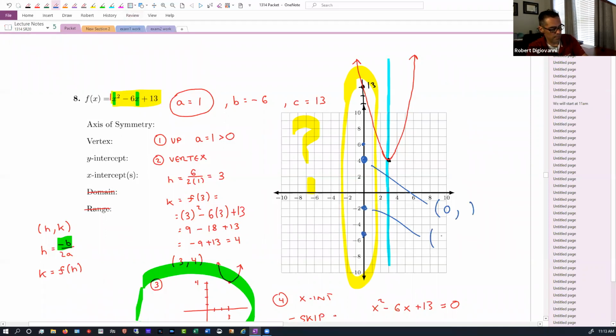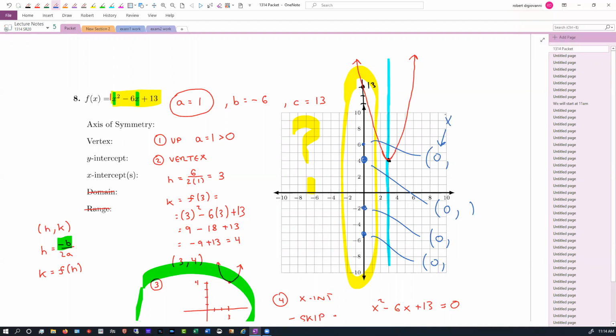And so that's why to find the y-intercept, you're always going to replace x with 0. So it's more that you plug 0 in every single time you want to find the y-intercept. It has nothing to do with the fact that we skipped step 4. Step 4 is completely a different idea. Does that make sense? Yeah. Okay.